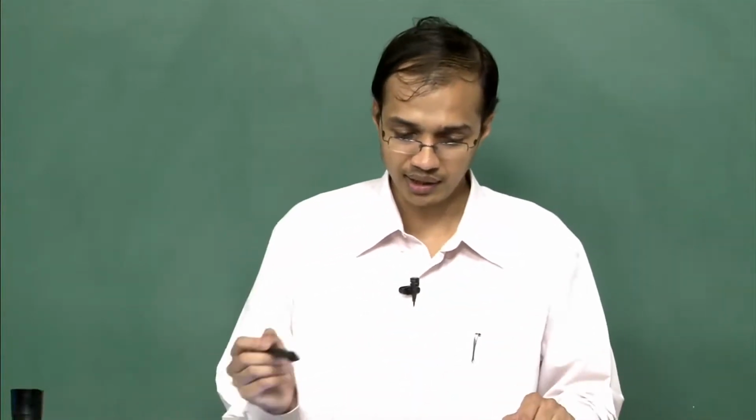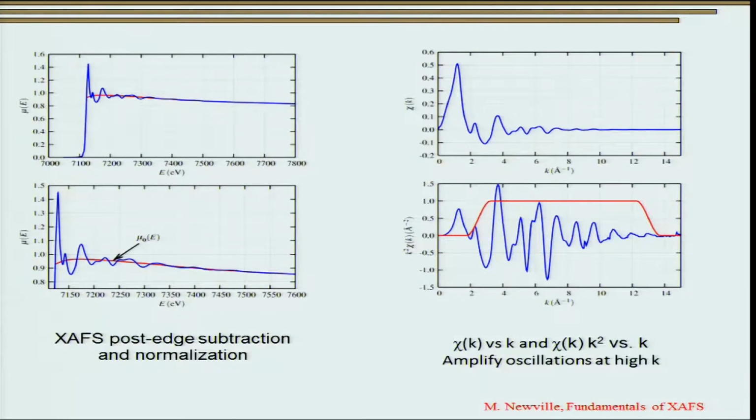We continue with that, and after doing all our pre-edge subtraction, we carry out post-edge subtraction, and here you see the kind of oscillations that we are getting, right, quite a few oscillations. Now, what we do is we take the same part after subtracting the background and plot chi of k versus k, and you see this is the actual data that we get after doing the entire background correction.